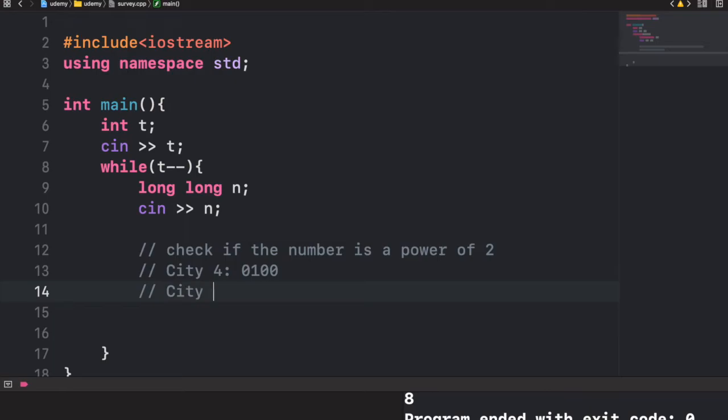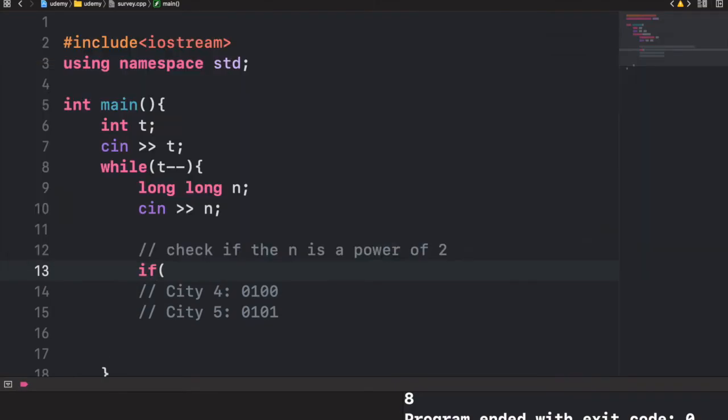It needs to be connected to city 5, which is 0, 1, 0, 1. And it cannot be connected to a city that is below it in terms of the number. So what this means is that if n is a power of 2, then already we know that we cannot connect all cities because we will not be able to connect that last power of 2. So in that case, we would output -1 and we would end the program right there.